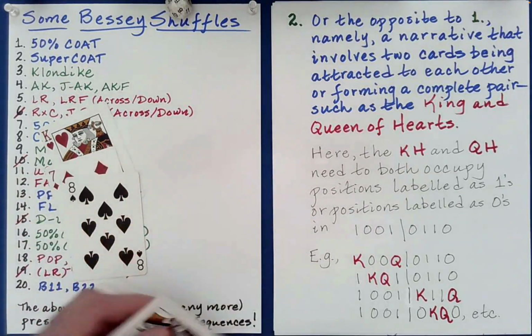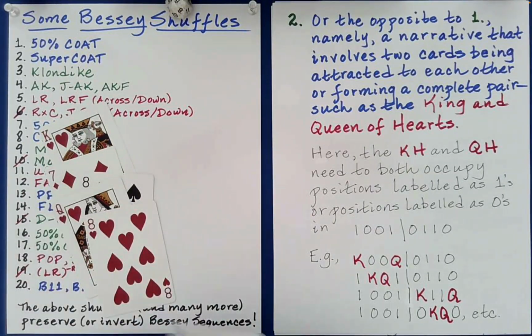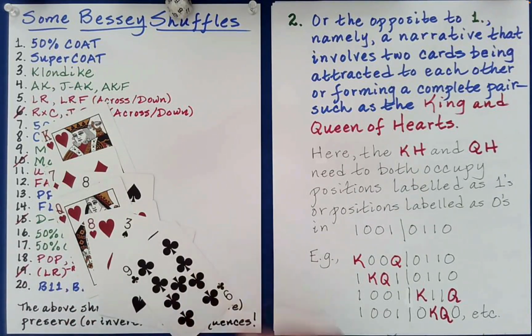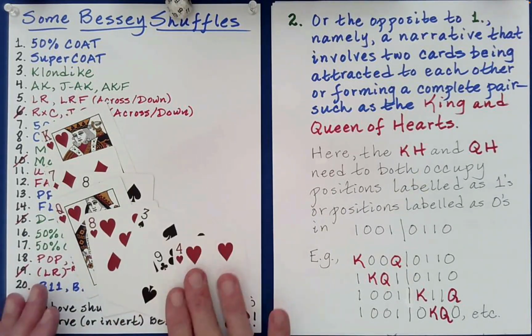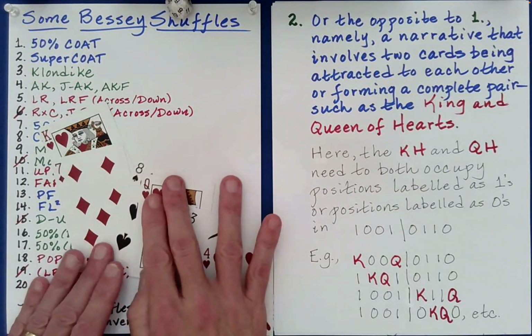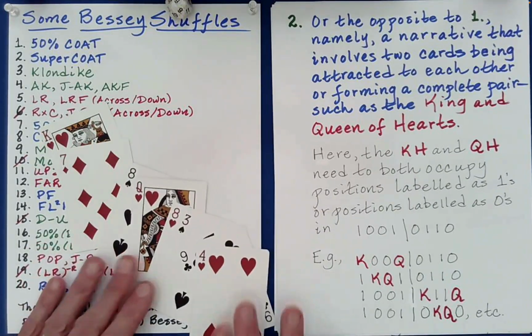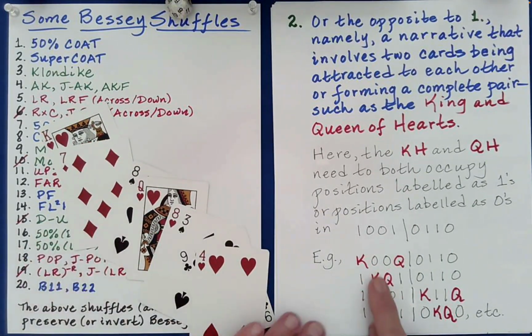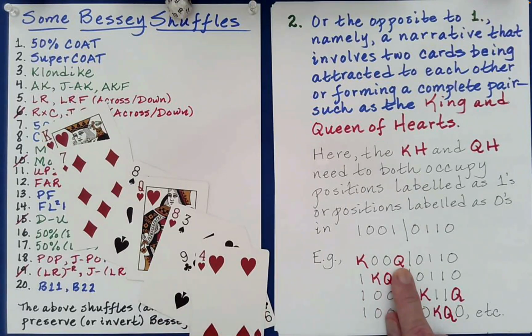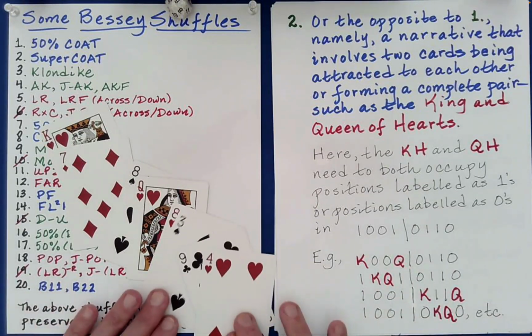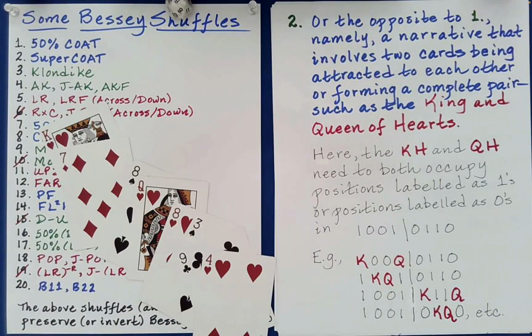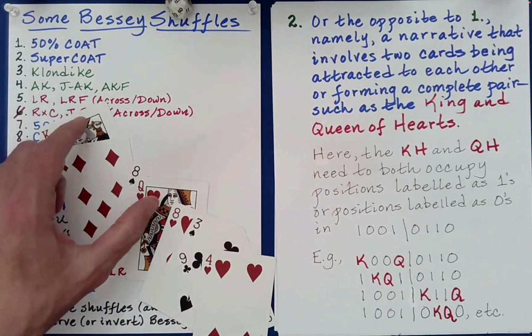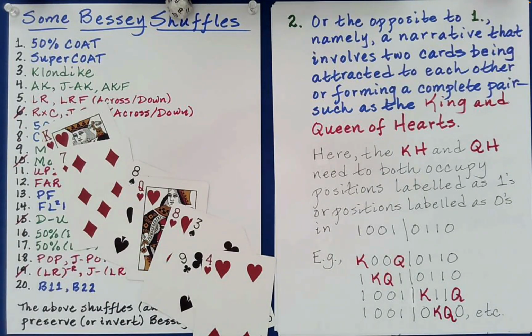Let's see, maybe we'll put that one there, and this one there, and that one there, and maybe this one there, and that one there. So you just make it out as if it's kind of random. The indifferent cards don't matter. That's why you can scramble those a bit and make it look like, wow, things are really random here. Well, not really, because the only two we're interested in are the King and Queen of Hearts.